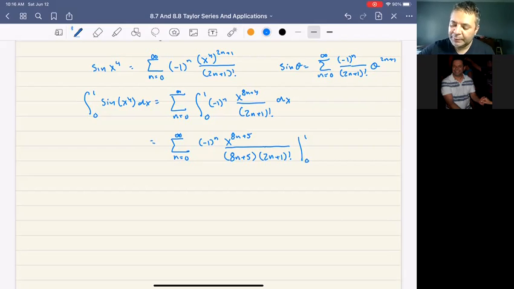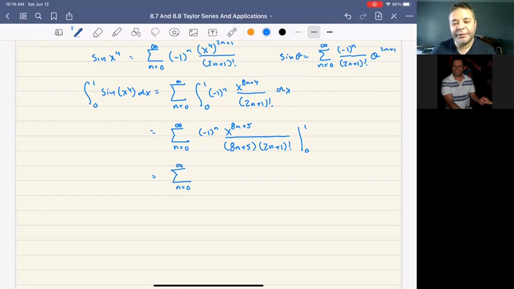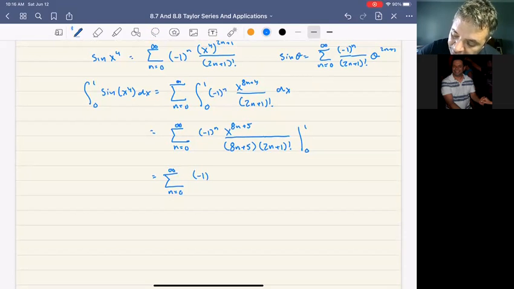That is equal to the sum, n goes from 0 to infinity, of negative 1 to the n, and then that 1 is just 1, so 8n plus 5 over 2n plus 1 factorial.